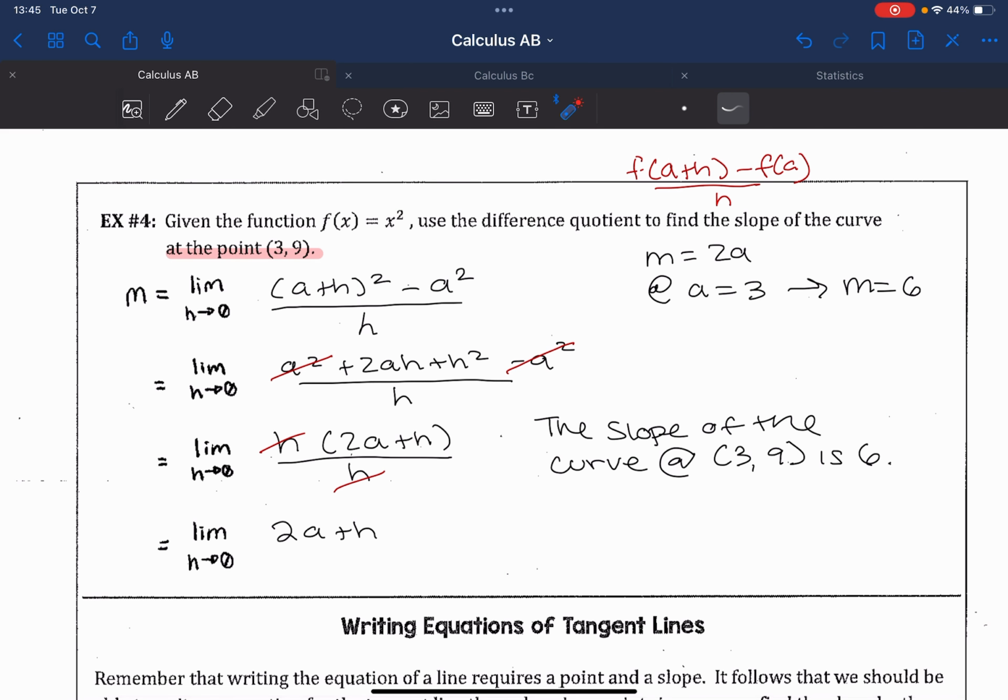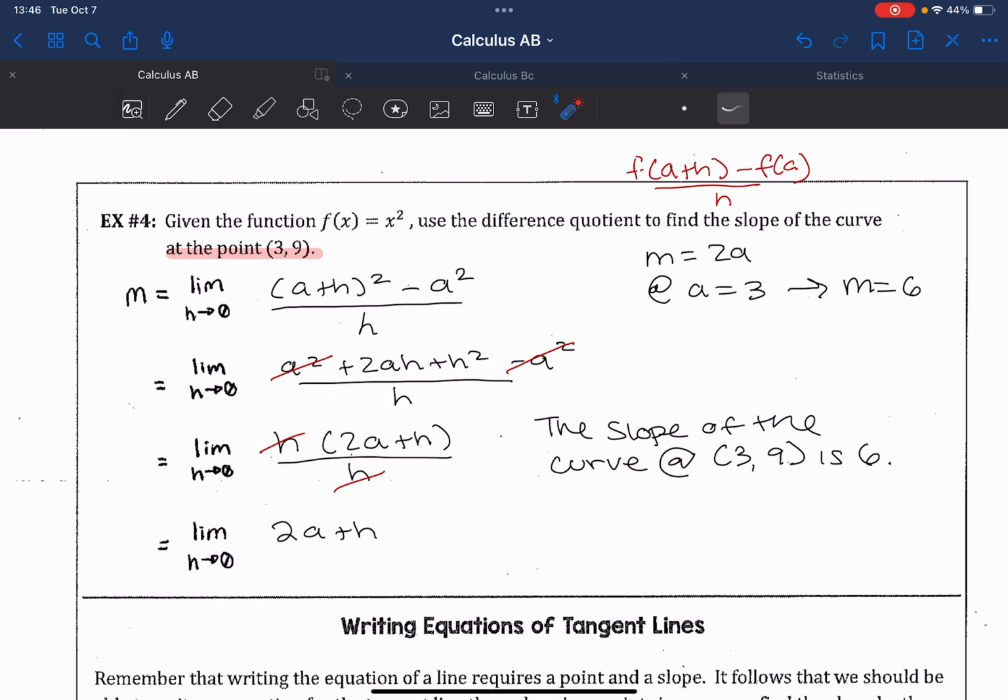For this one, we're taking the function and using f of a plus h minus f of a over h and plugging in a point 3 comma 9, which means we're plugging in a and a plus h into the function x squared. And when we do that, we get this. We FOIL out this part, and that's how we got this part.